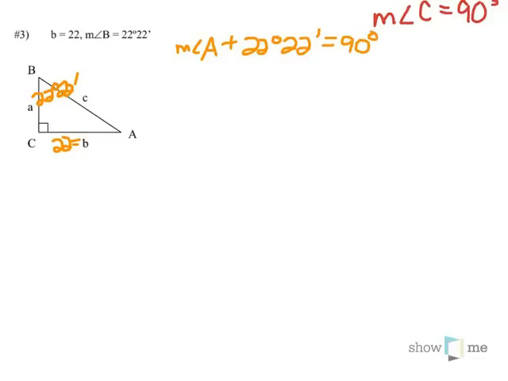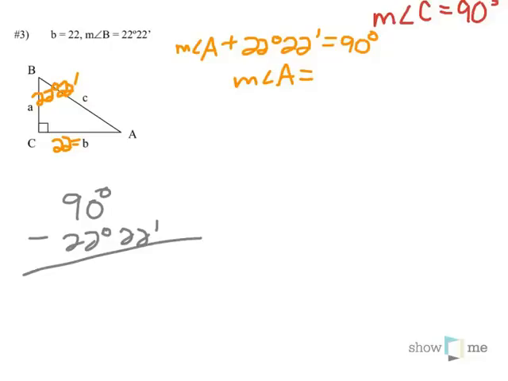So to figure that out, we take 90 degrees and we subtract 22 degrees 22 minutes. You can't take 22 away from nothing, so you have to borrow from the 90. There are 60 minutes in a degree. 22 from 60 is 38, and 22 from 89 is 67. So we get the measure of angle A is 67 degrees 38 minutes.